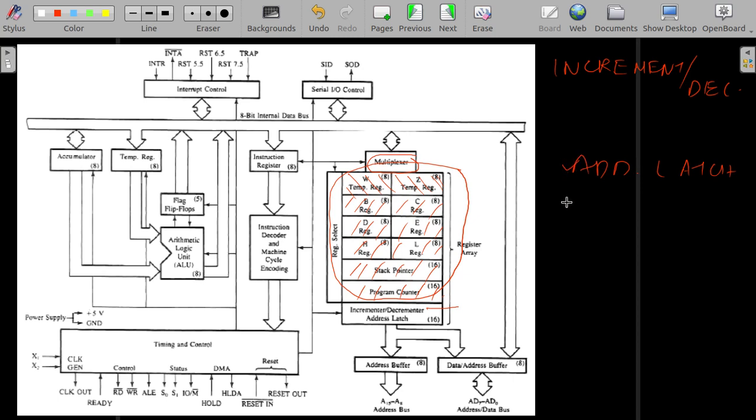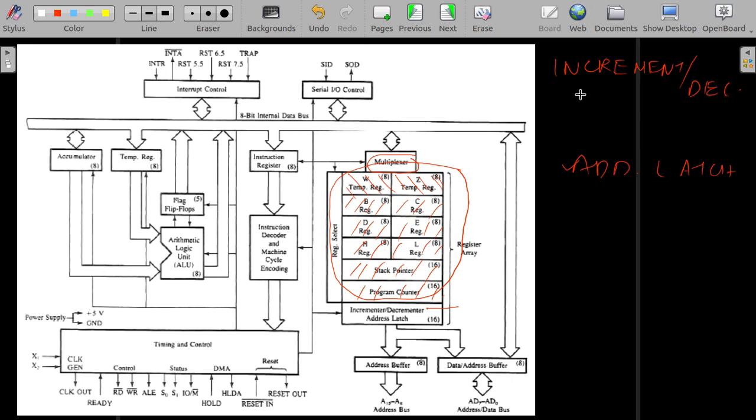The concept of address latch we will deal with in much more detail later. Just know that it is for keeping the address when we are using some lines. Don't worry about that for now.